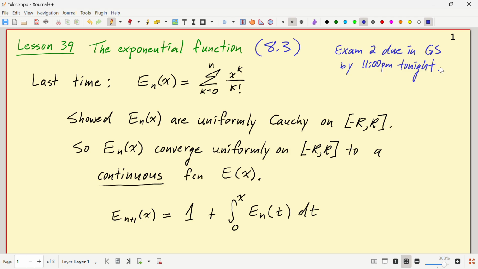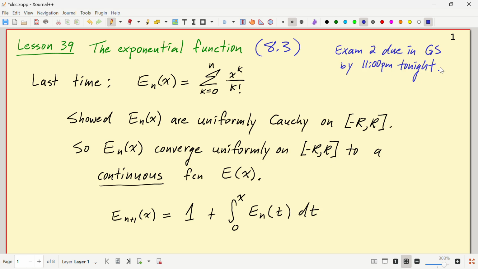We also know that uniform limits of continuous functions are continuous. So we know that E of x is a continuous function. And it was easy to deduce last time, if you integrate E_n of t dt from 0 to x, well then when you integrate t to the k, a t to the k plus 1 over k plus 1 comes out.